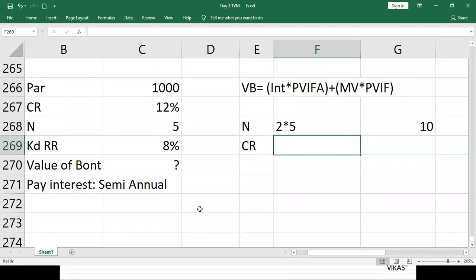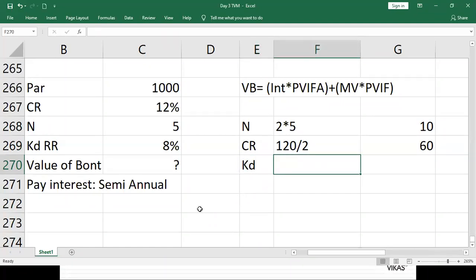Yes. Darsika says 60. It's a correct answer. Right? 120 rupees per year. So simply we calculate, you will get 120 per year, but you will get interest 2 times. Then simply 60 rupees. Then cost of debt.